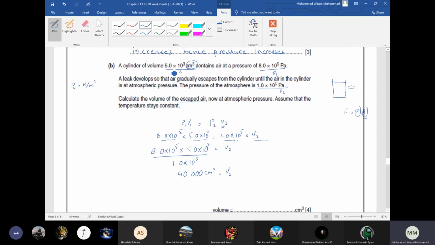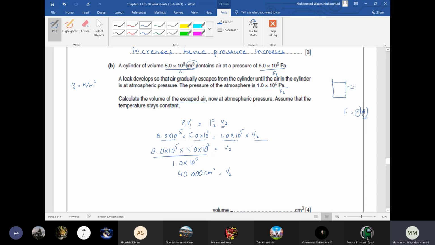When its volume is 5.0 times 10 to the 3 cubic centimeter, the pressure is 8.0 times 10 to the power 5 Pascal. And beta, now if the same mass of the gas has 40,000 cubic centimeter volume, its pressure is 1.0 times 10 to the power 5 Pascal, which is equal to atmospheric pressure. Clear or not?